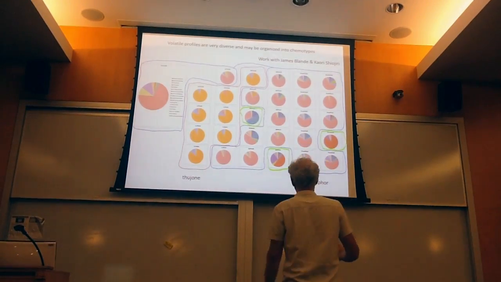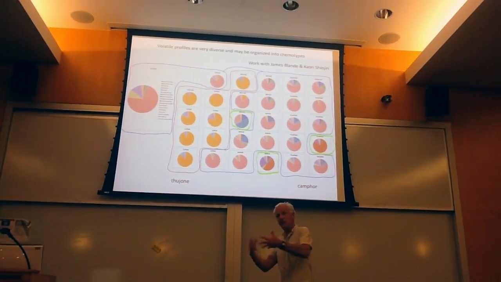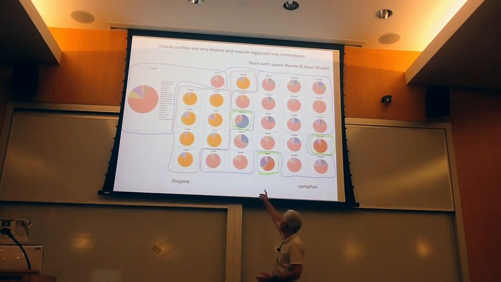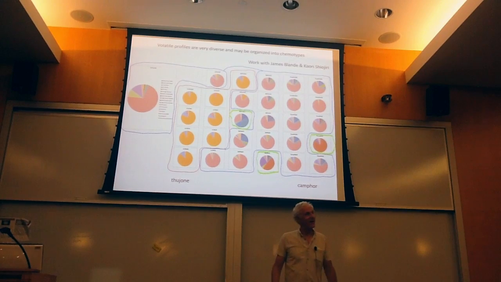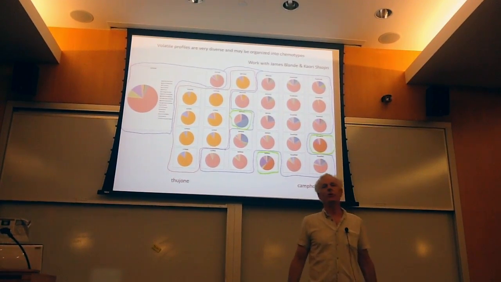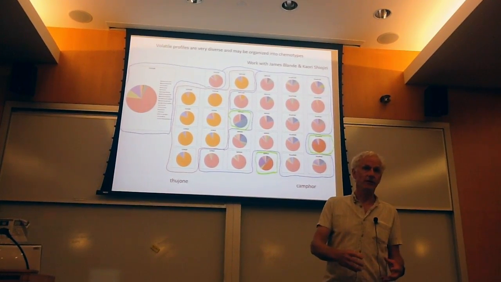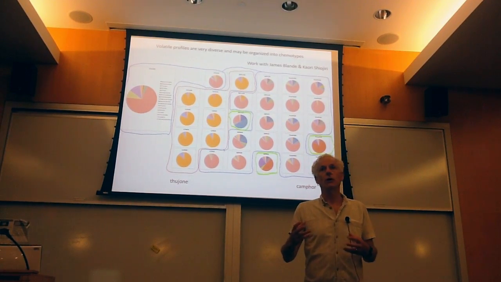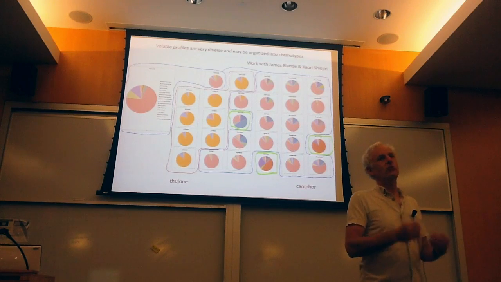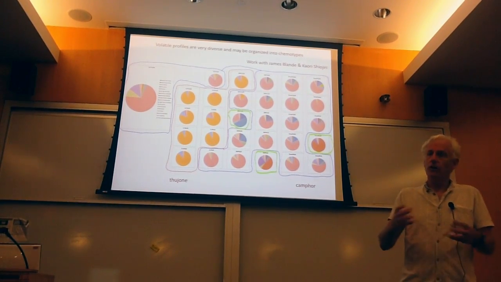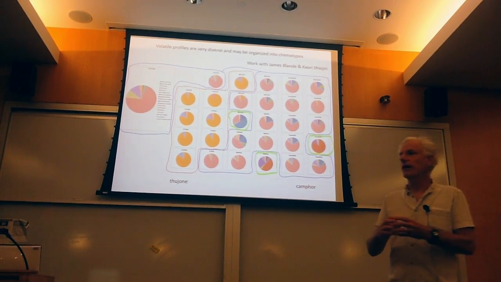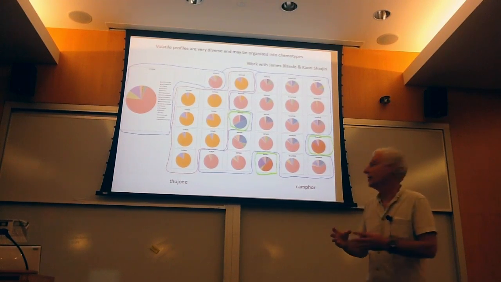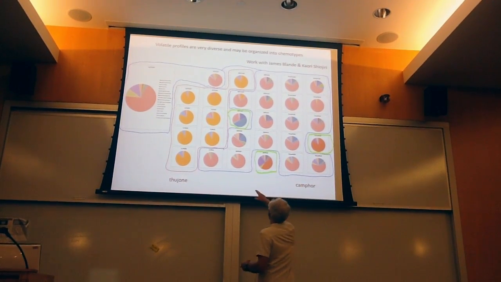Then there are other plants in the meadow mixed in with these thujone plants that are shown by this, I don't know what color that is, let's call it plum. And they are producing mostly camphor. Camphor plants show no measurable production of thujone. Thujone plants, everybody produces a little bit of camphor, but not nearly as much as these camphor plants.